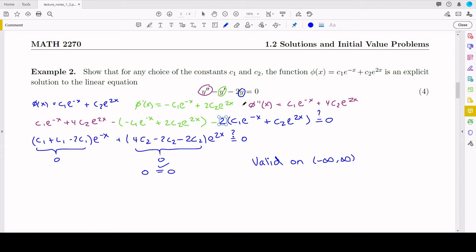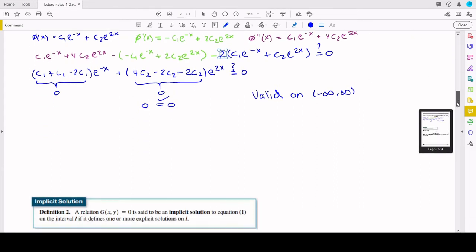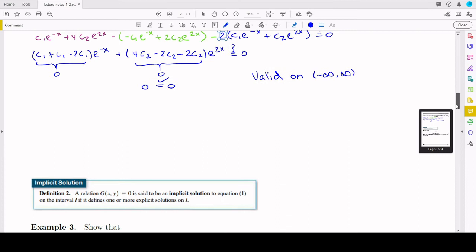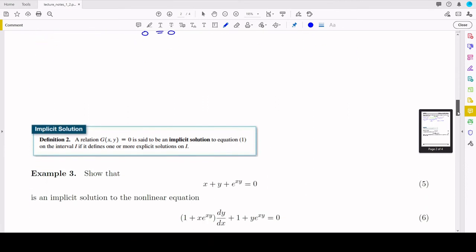So how do we make sure that we get a unique solution to a differential equation? Well, we will need a few more conditions to make sure that we don't end up with infinitely many solutions. We'll talk about that later.